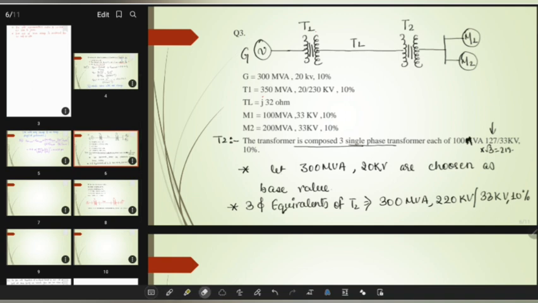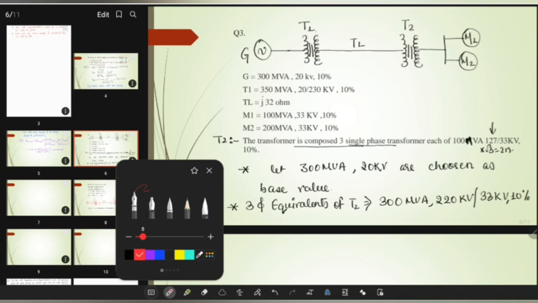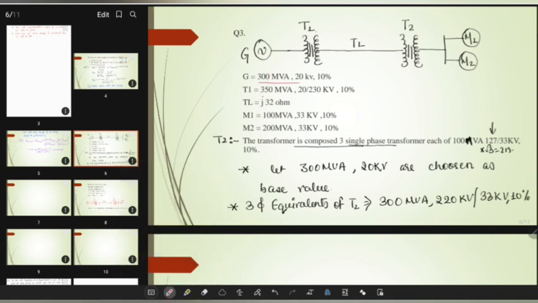Now we have taken the generator rating as the base value, 300 MVA and 20 kV.